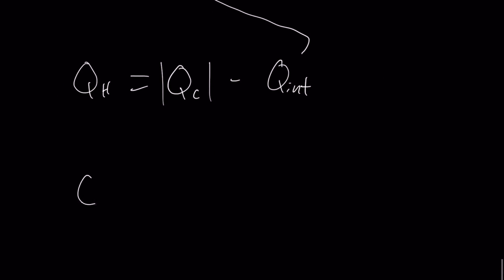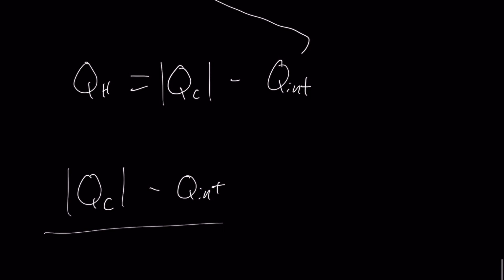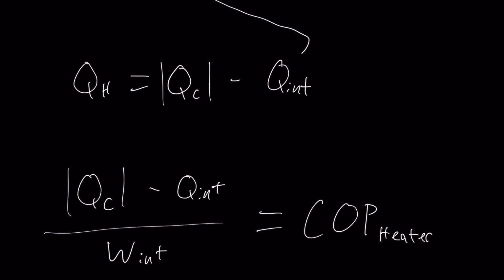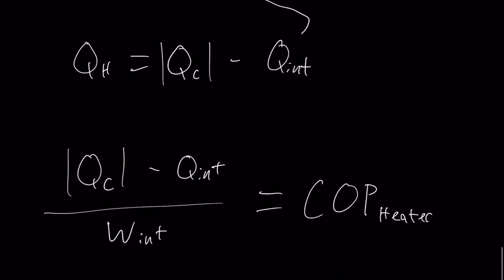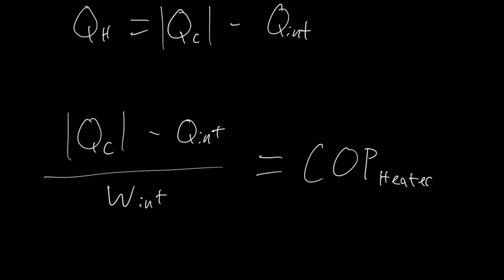And that's going to get us Q cold minus Q internal over work internal equals the coefficient of performance for the heater. Now this is not for the freezer. Remember, this is for the heater, as up here, it's for the heater. Because Q cold minus Q internal still equals Q hot. Okay?